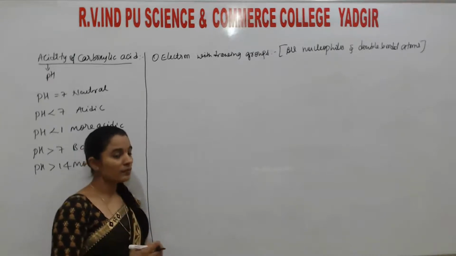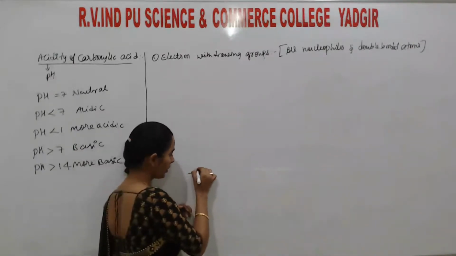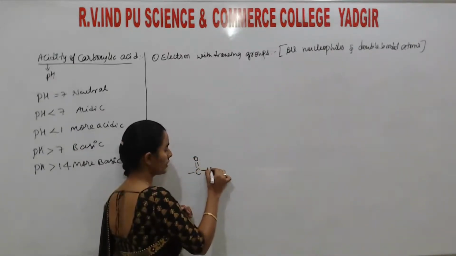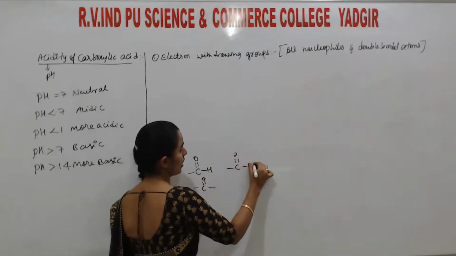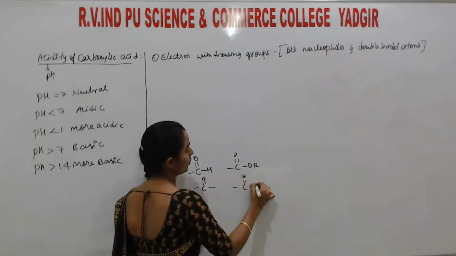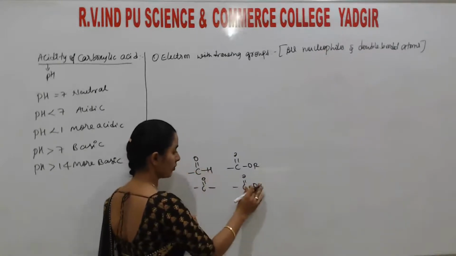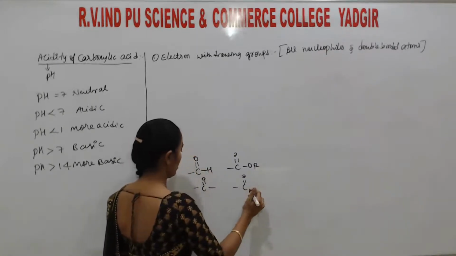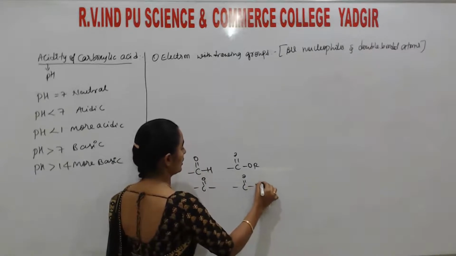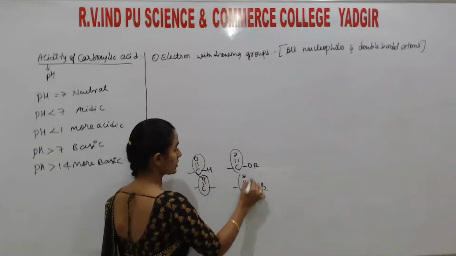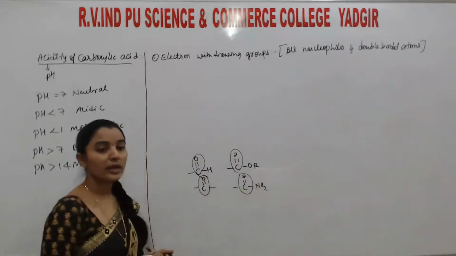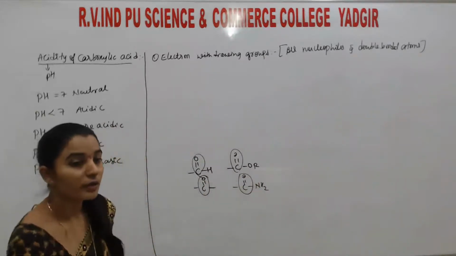And at the same time, the double bonded compounds, which means C double bond O with OH, C double bond OR, and C double bond NH2. So this OH is not required. This type of double bonded compounds or carbonyl compounds are electron withdrawing groups.